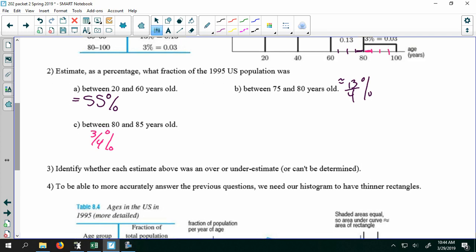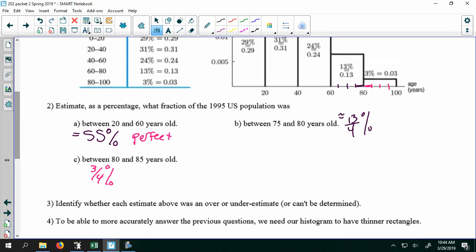All right, so we want to identify whether each estimate was an over or underestimate or can't be determined. So this one was perfect, right? Because we had all the information we needed to answer that. But between 75 and 80, do you think that in this age bracket between 60 and 80, there are more people towards the 60 end or more people towards the 80 end?